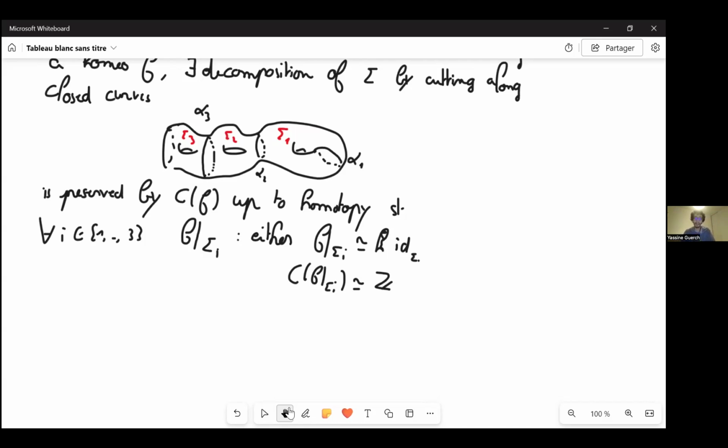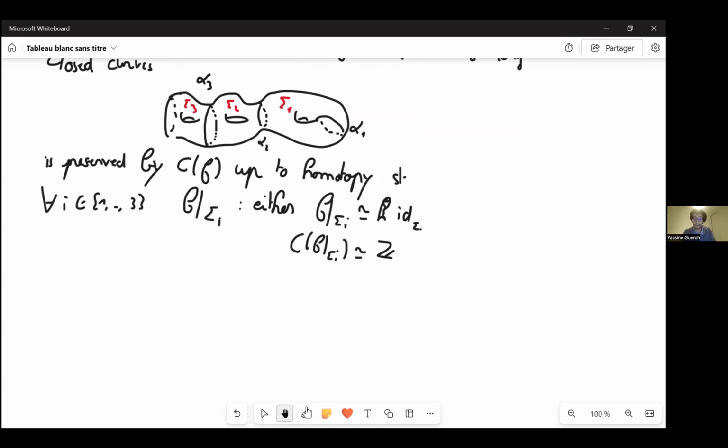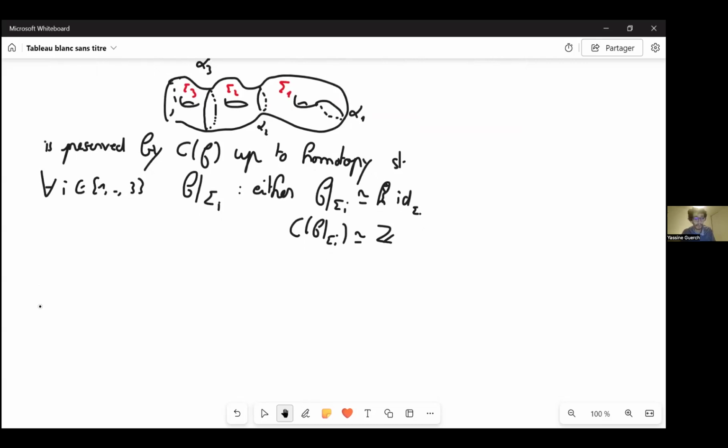And now out of this decomposition of the surface, you obtain an action on a tree as follows.